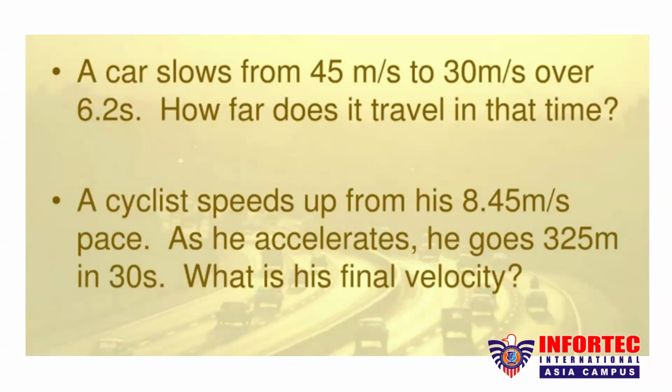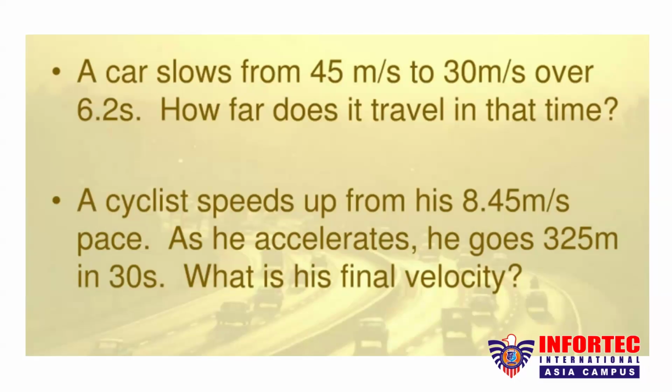Then you can draw the line and mark all the things we know, and find the relationship between them, right? The car slows down, so we can put a minus sign, but the acceleration is not given.